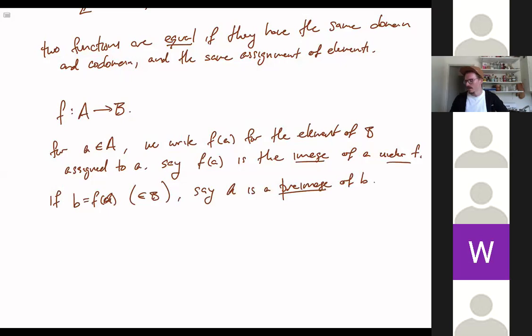Yeah, maybe implicitly under f. You can leave that out or put it in both cases.